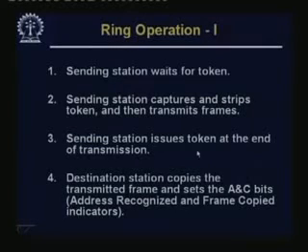Now, let us go through the ring operation, which has 2 aspects. One aspect is similar to the token ring which we have already discussed. The sending station waits for a token, captures and strips the token, then transmits frames, and issues a token at the end of transmission. Now, this is one point where FDDI is different from a token ring.